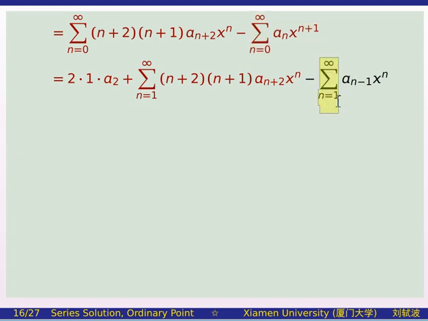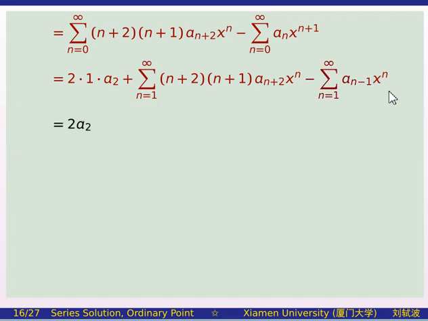As you can see, the first term in this summation is n equal to 1. The power of x is 1, and the coefficient an minus 1 is a0. In the previous step, this is also a0 and x, so these two summations are equal. Since the range of n and the power of x are all equal, we can combine these two summations.